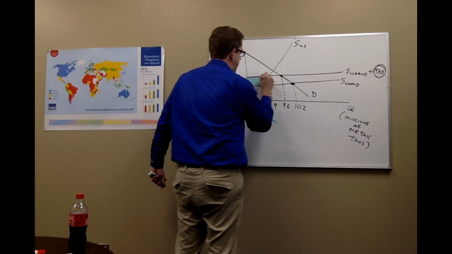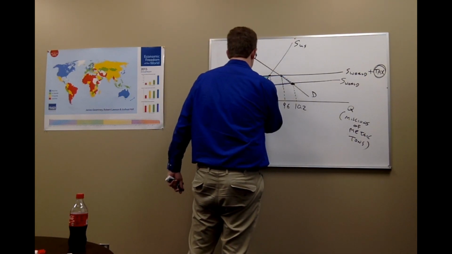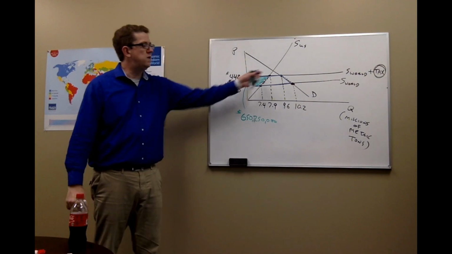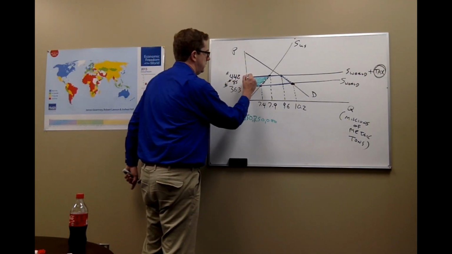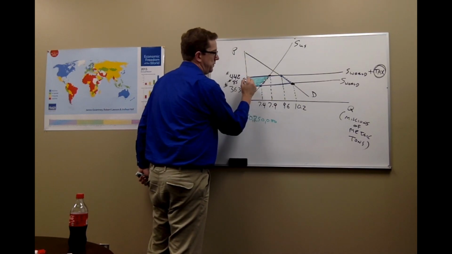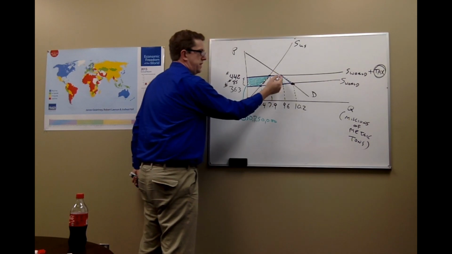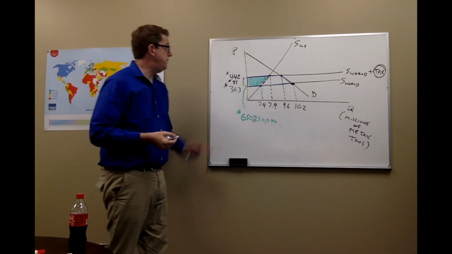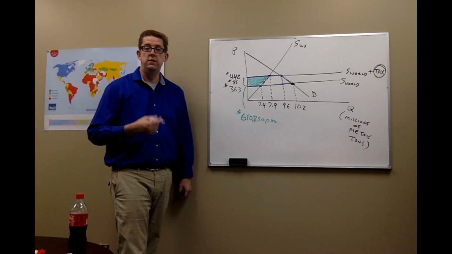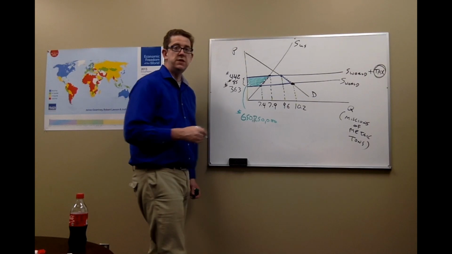So the change in consumer surplus is this big blue outlined trapezoid, going from 9.6 million metric tons of steel on the top, 10.2 million metric tons on the bottom, with a price increase of $85 per metric ton of steel.